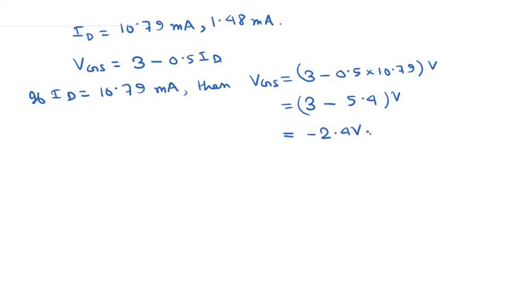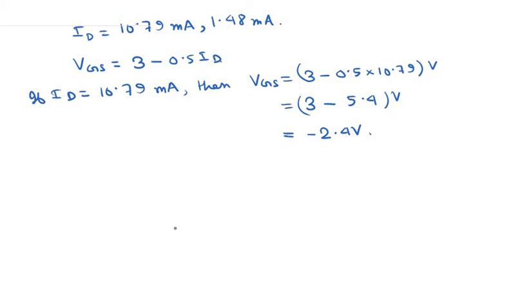So VGS is negative and VGS is also less than VTN. If VGS is less than VTN, then the MOSFET must be in cutoff, which is not valid in this case. The MOSFET is conducting current, so it is not in cutoff, and it must be in either the triode regime or the saturation regime.